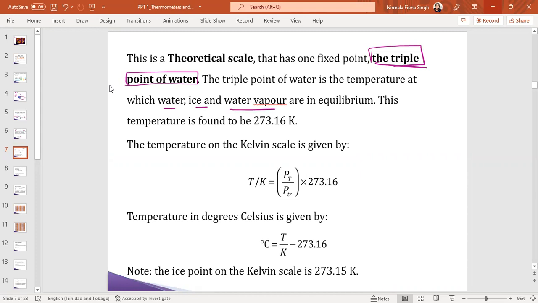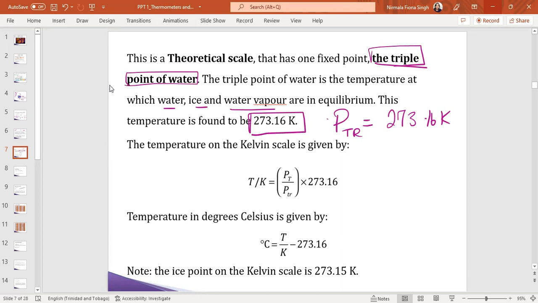This temperature is found to be 273.16 Kelvin. So this is our triple point to remember. Your triple point temperature is 273.16 Kelvin. Of course, we're looking at pure water, but at this temperature, your three states of matter can exist simultaneously.